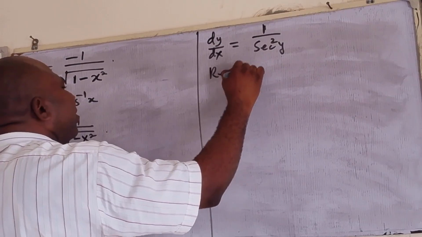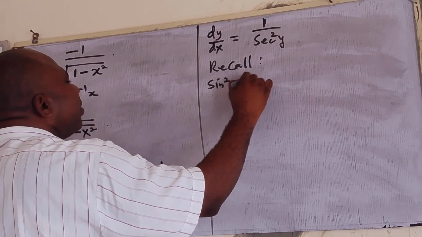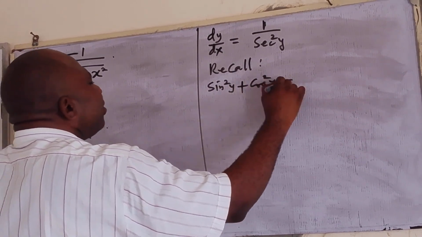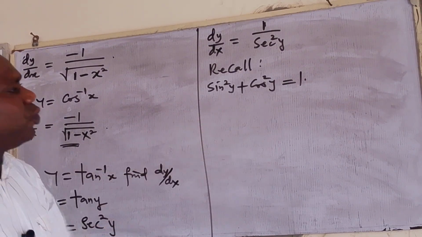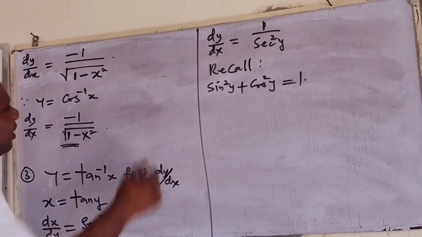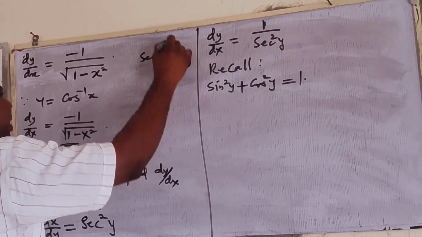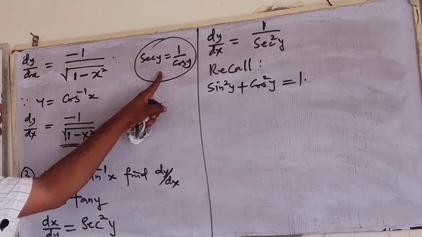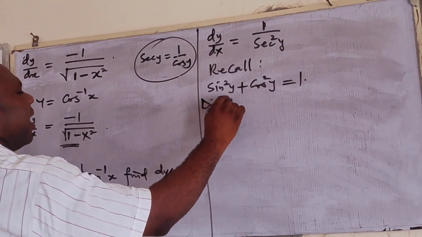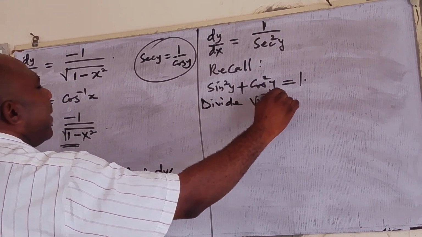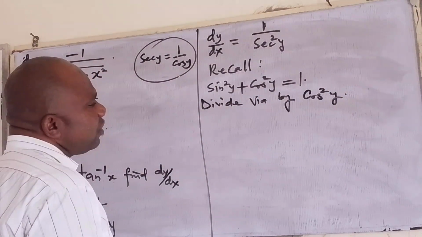Now, recall, sine square y plus cos square y is equal to 1. And we all know from trigonometric identity that sec y is the same as 1 all over cos y. So here I want to divide through by cos square y.